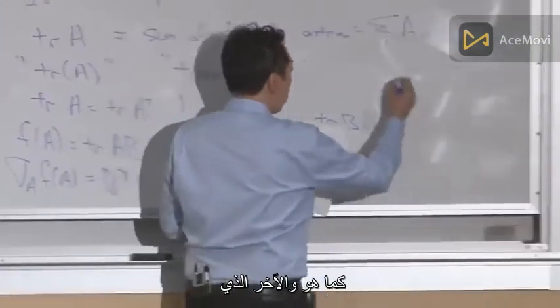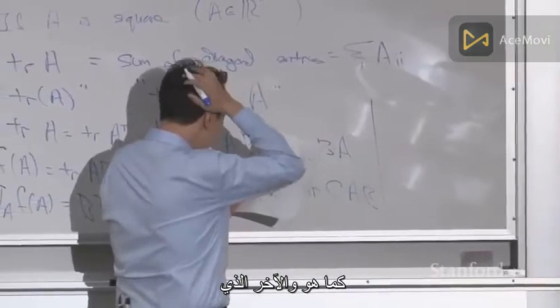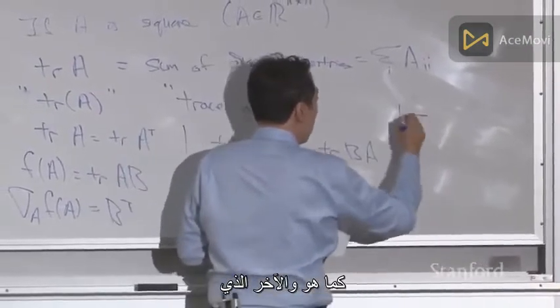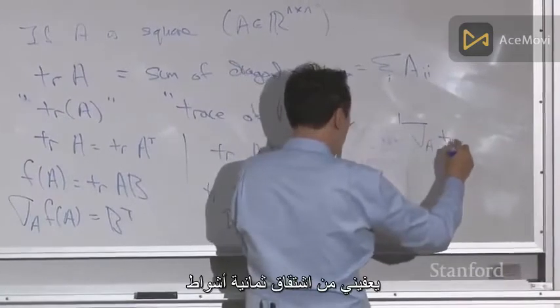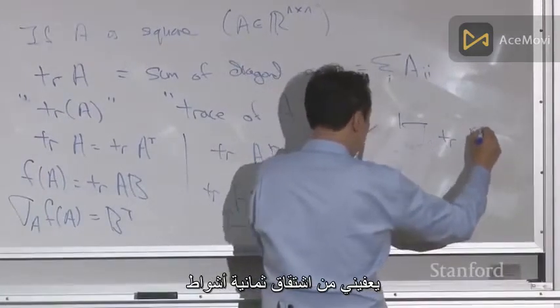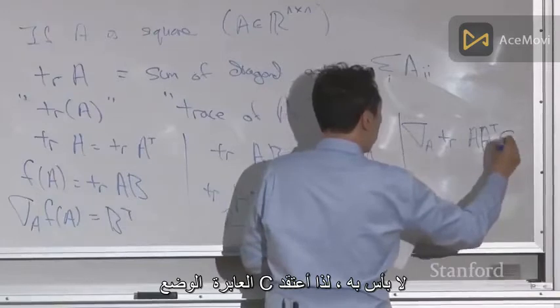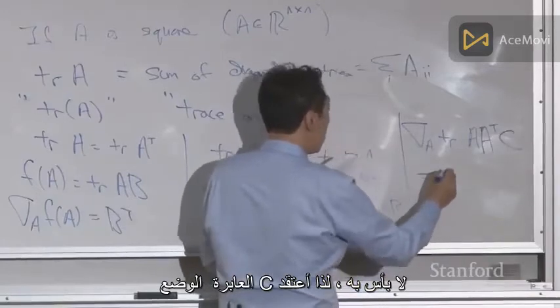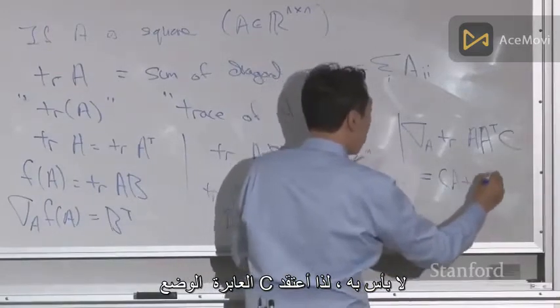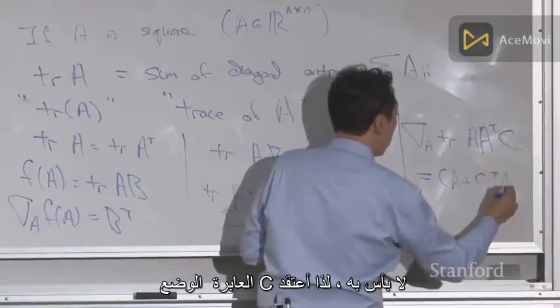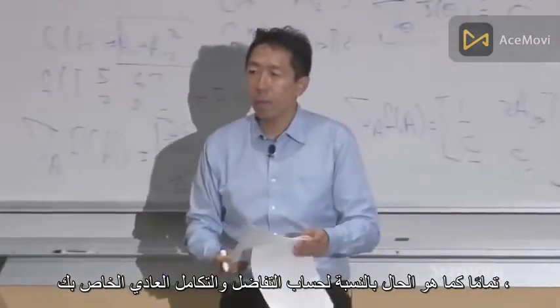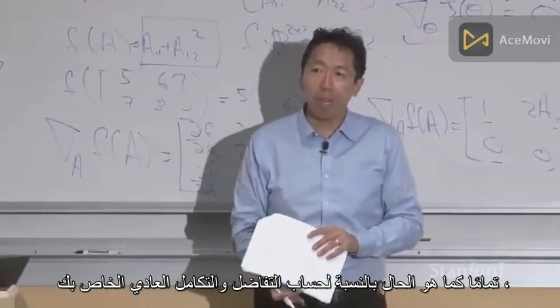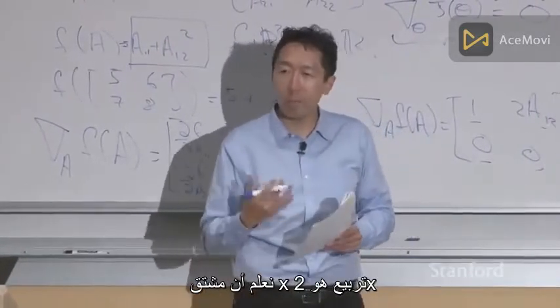Another one that is a little bit harder to prove is the derivative of the trace of A transpose C. I think just as in ordinary calculus, we know the derivative of x squared is 2x.